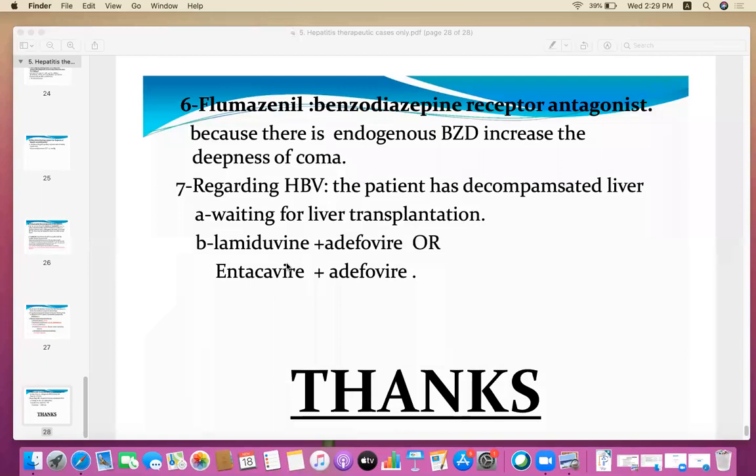Regarding the HBV, the patient has decompensated liver, waiting for liver transplantation. So you can give antiviral drugs, maybe lamivudine or adefovir, or you can give entecavir, and you can also add adefovir.